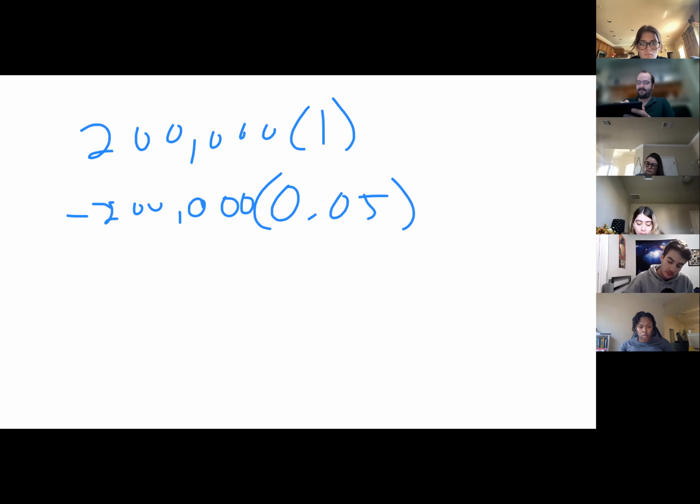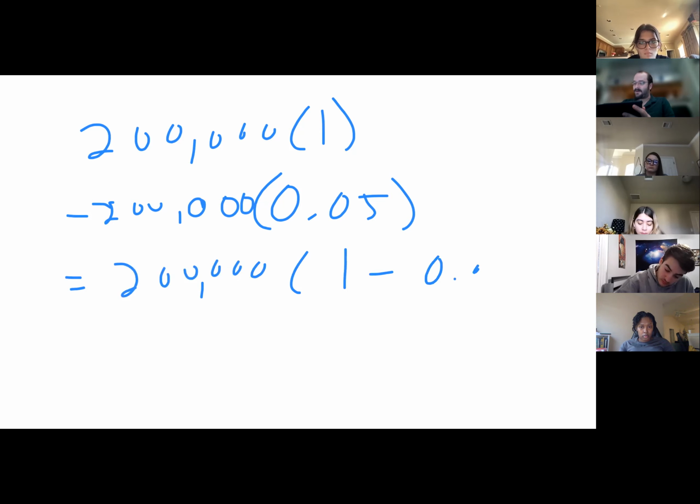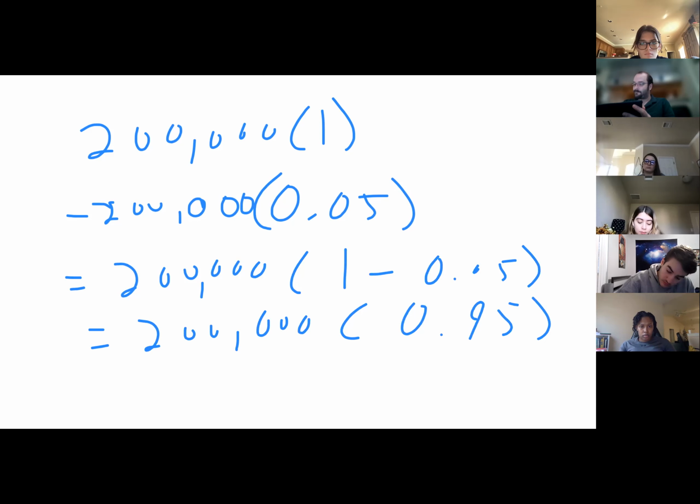We can use some factoring to see it: we have 200,000 and we're subtracting 5% of it. What we actually have is 1 minus 0.05. So what I'm actually doing is 95% of the 200,000. If I'm decreasing by 5%, it's the same thing as multiplying by 95%.